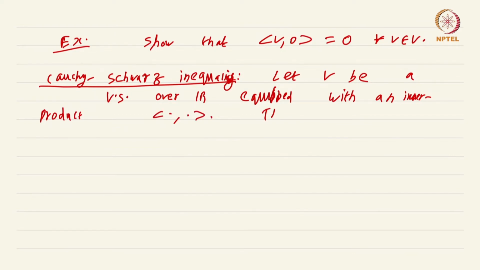Then norm V, which is by definition equal to, you take the inner product of V with itself and take the square root, is a norm on V. Okay, of course here by square root I mean the positive square root. Throughout I always will take only the positive square root.